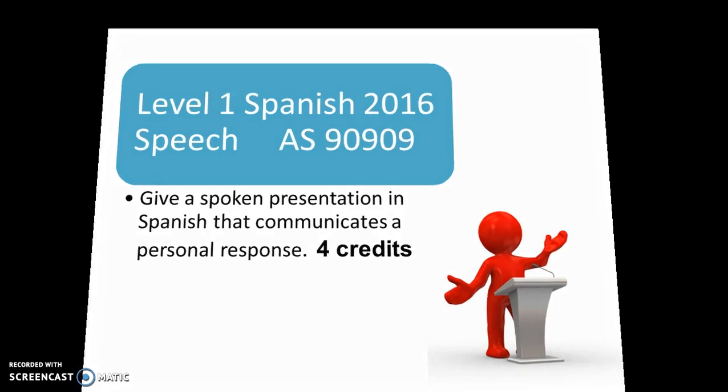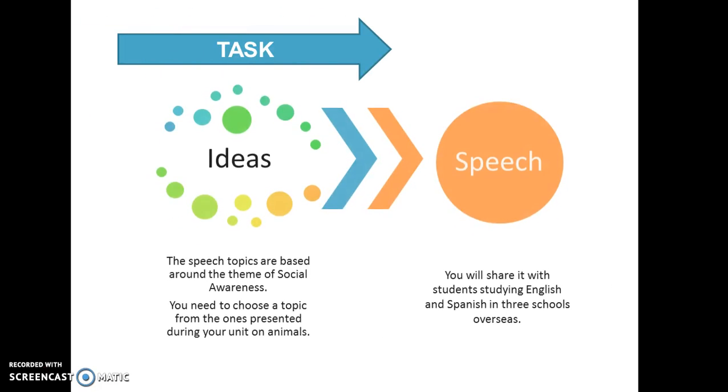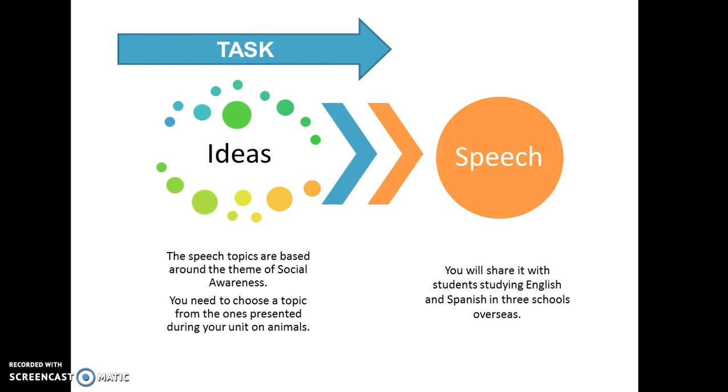It's worth 4 credits. The task involves gathering vocabulary, information, language structures, and graphics and putting them together into a presentation. You will share your speech with students overseas in Chile, Spain, and the USA.